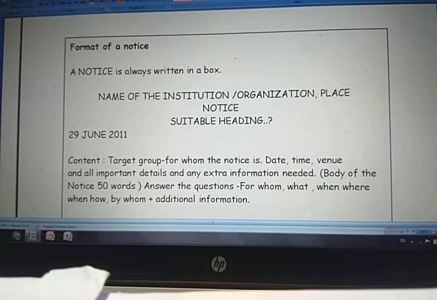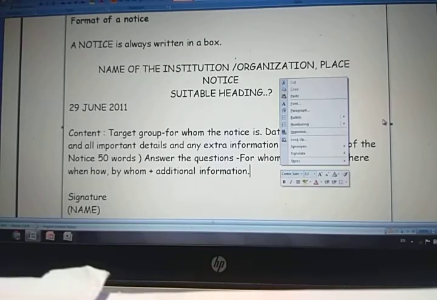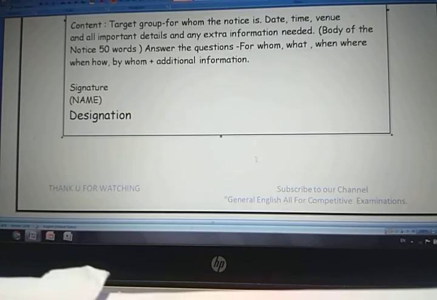Either you can write the target group here, or here also you can write. Understood? Here in a box, you can write. Clear? And next, date, time, venue, and all important details and any extra information, everything you should supply. And next, signature. Here it is given signature, name, designation. So this is your format for writing a notice.